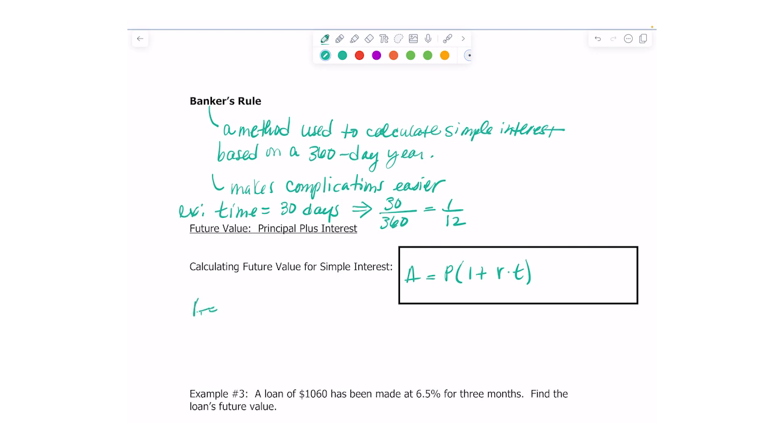So A is your amount due or future value. And again, you have P there, which is the principal, but we also refer to it as present value when we're dealing with future value problems.